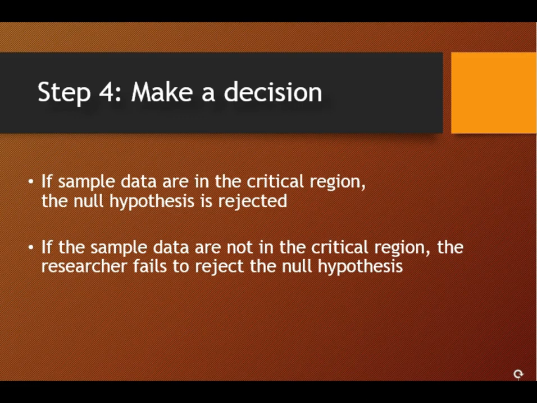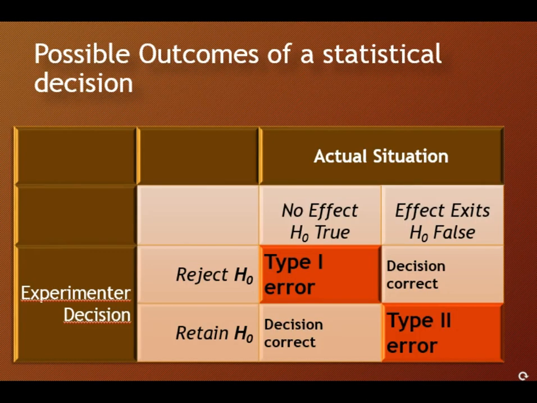If the z-score is not in the critical region, fail to reject the null hypothesis because the data are not significantly different from the null hypothesis. In this case, the data do not provide sufficient evidence to indicate that the treatment has had an effect.